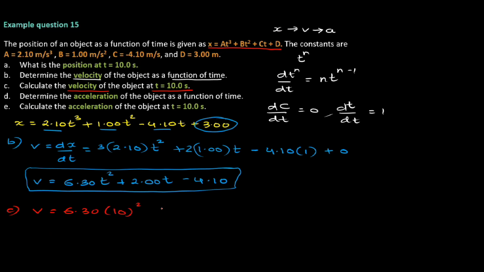So 10 squared plus 2 times 10 minus 4.10. And when you solve this, you get the value of velocity at 10 seconds to be equal to 645.9 meter per second, which you can round off to 646 meter per second.